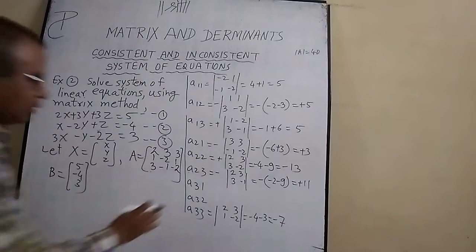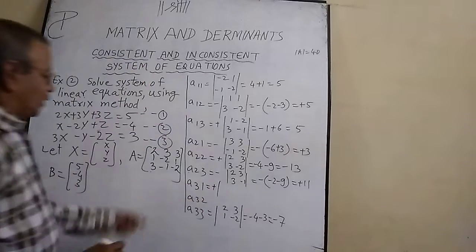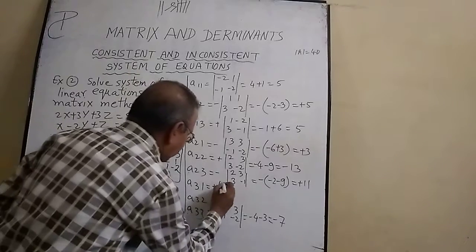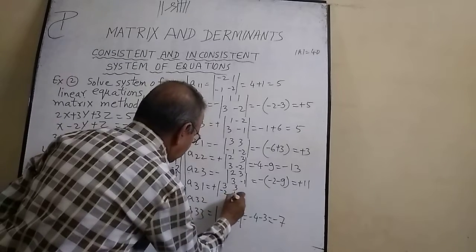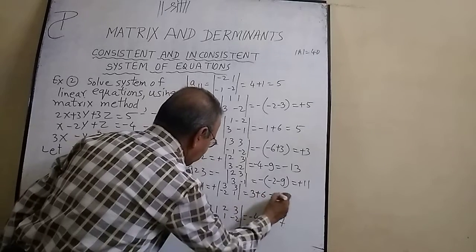And after that we take A31, which is equal to plus; this A31 means third row and first column, that is 3, 3 and minus 2, 1, and therefore it is written as 3 plus 6 is 9.